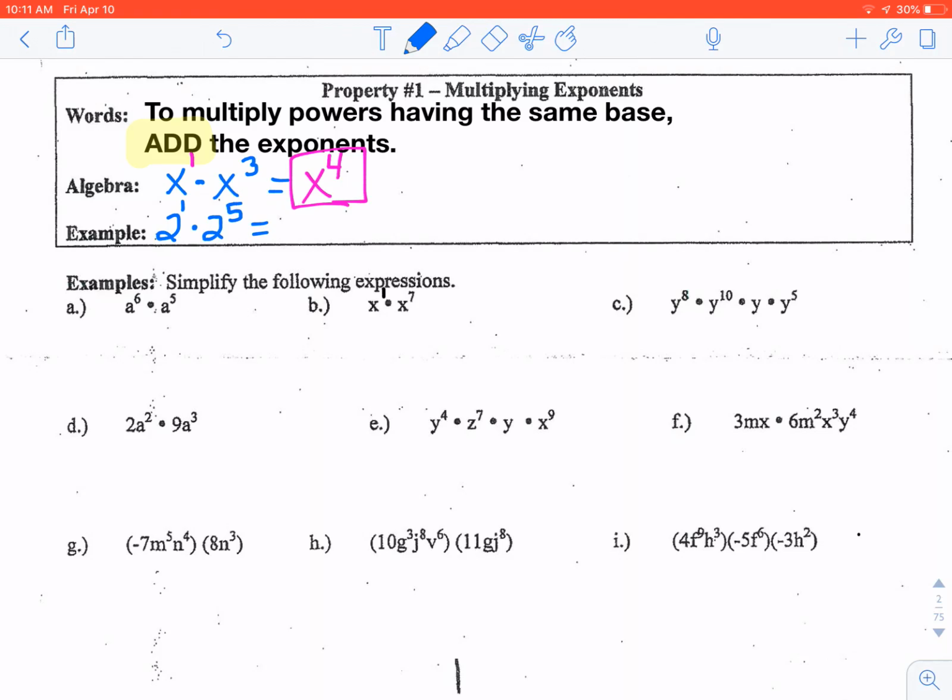When we multiply them, you're going to rewrite the base of 2, and we're adding our exponent. 5 plus 1 is 6. Remember, we want our answers in exponential form, so you're going to keep it as 2 to the 6th. Okay, so again, property 1 says to multiply powers having the same base, we are adding exponents.